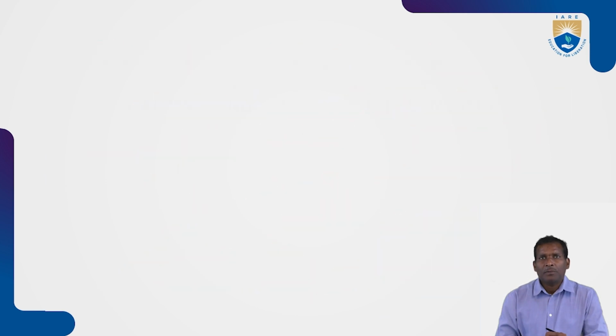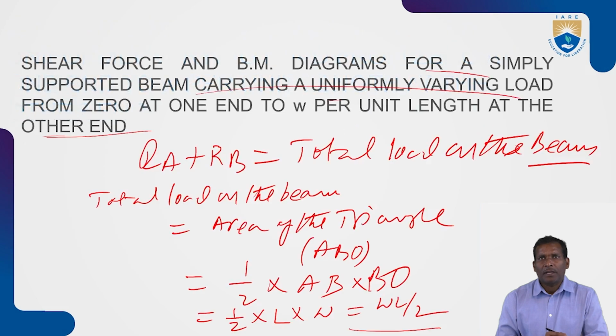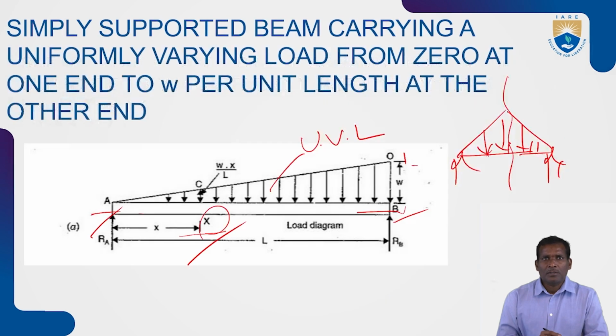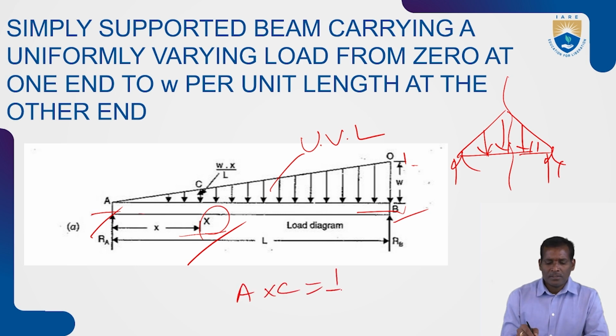So the load on the beam length AX was not calculated here. So take the area of AXC: AX multiplied with CX.